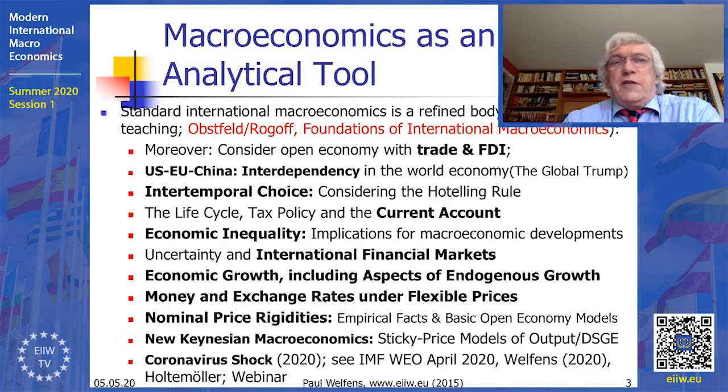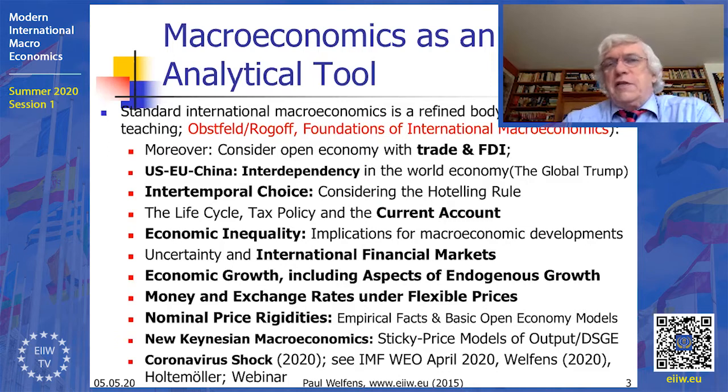I would also emphasize, if we consider modern international macroeconomics, then we will not just consider an open economy with trade, but we must have an open economy with trade and capital flows, and particularly with foreign direct investment, which often is neglected in the literature.